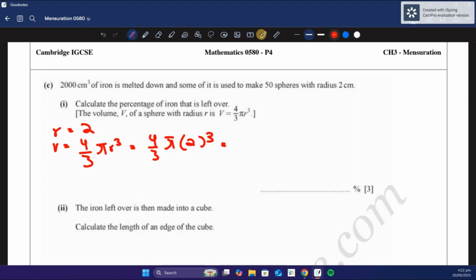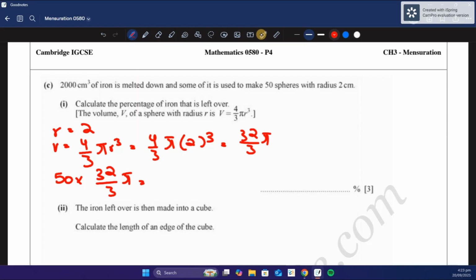That if we further simplify this would give us 32 over 3 pi, alright. Simple till here. That's the volume of one sphere. What about the volume of 50 spheres? Simply multiply. So 50 into 32 over 3 pi.